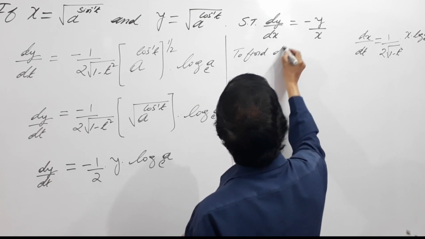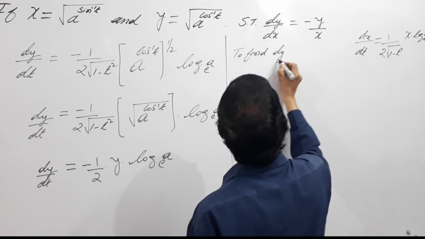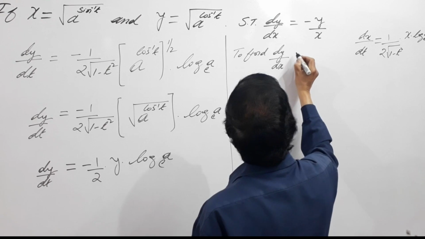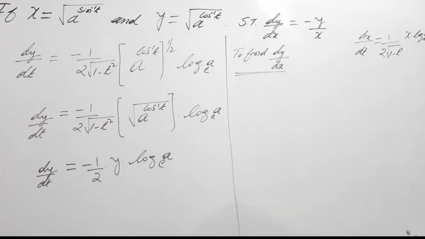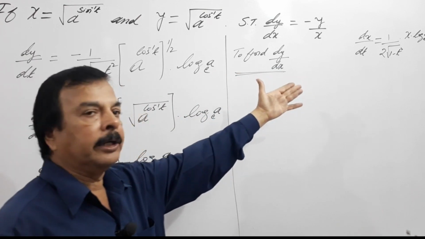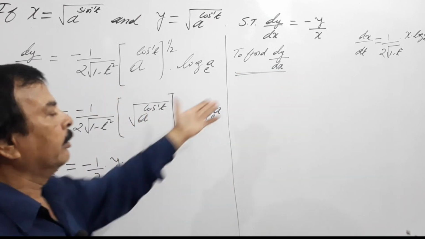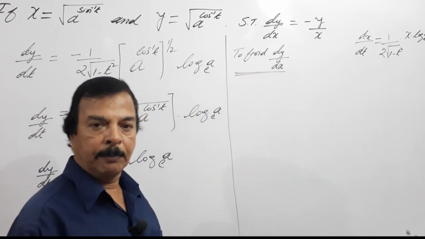To find dy by dx. So you are going to find dy by dx. Once you have got dx by dt and dy by dt, using chain rule we can easily find dy by dx.